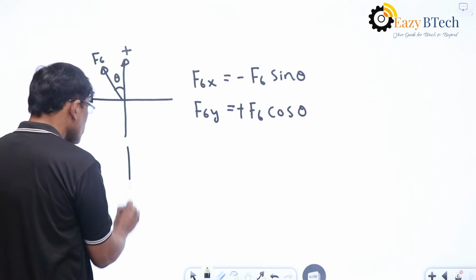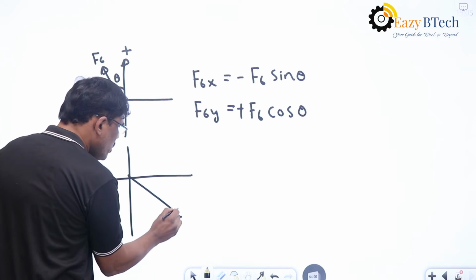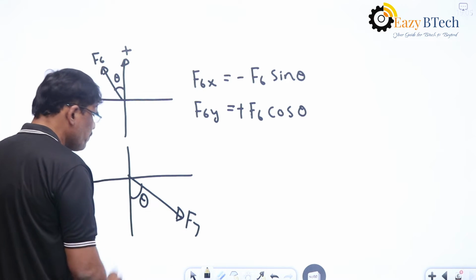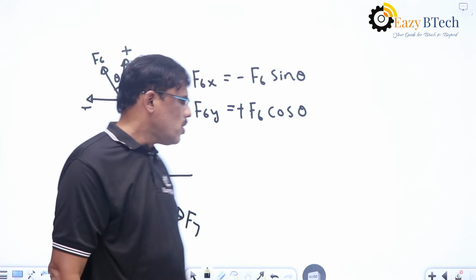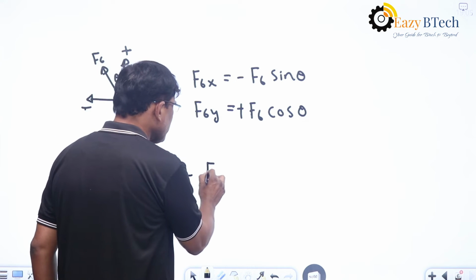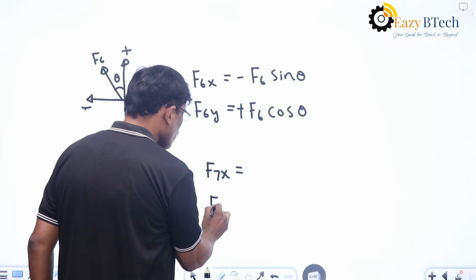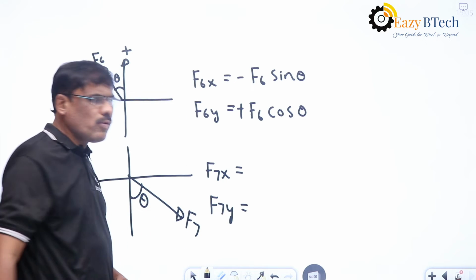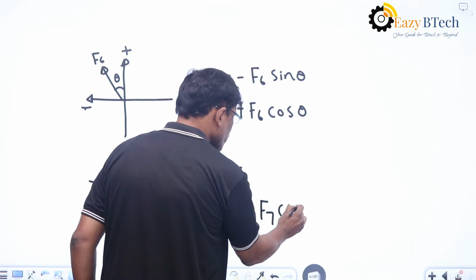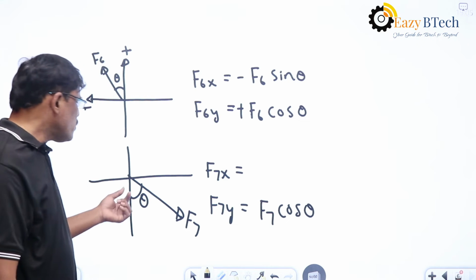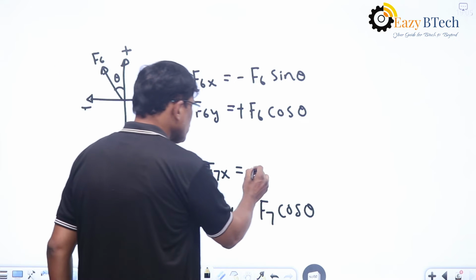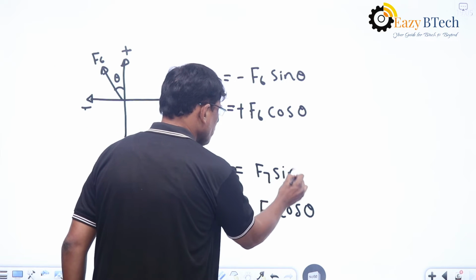One more thing here: let us say in the same planar system, if one more force, F7, is taken, and it is making angle theta with y. In such a case, first you see whether it is making angle with the x-axis or y-axis, then you can write the x component as well as the y component. F7y becomes F7 cos theta. From trigonometry, we know that cos theta is equal to the adjacent side by hypotenuse. So F7x will become F7 sin theta.